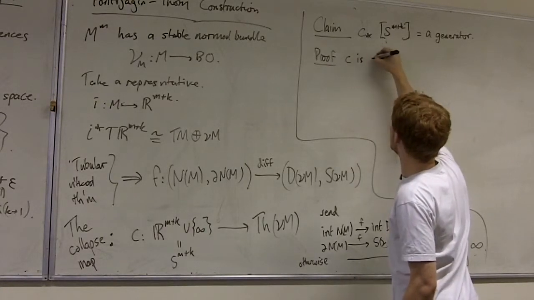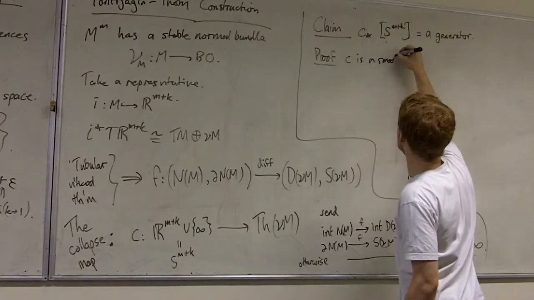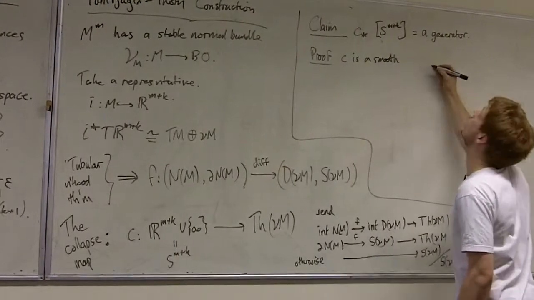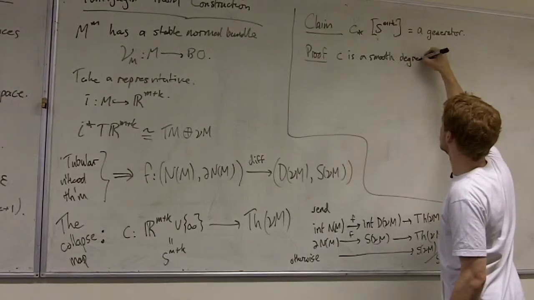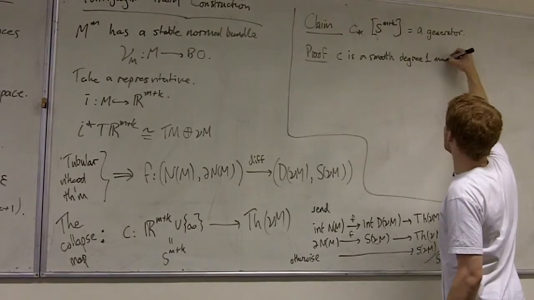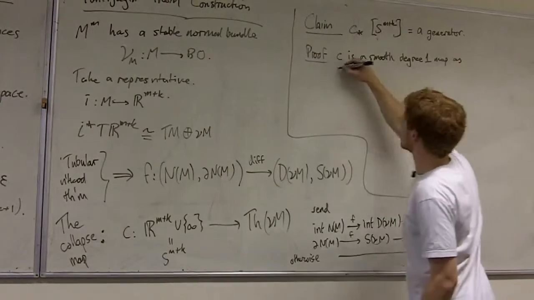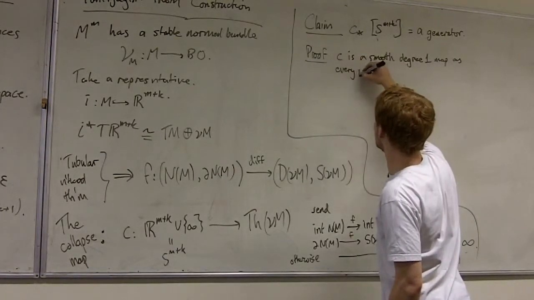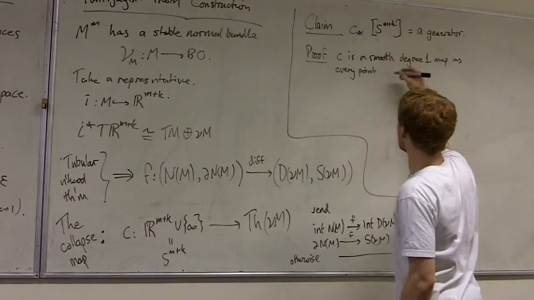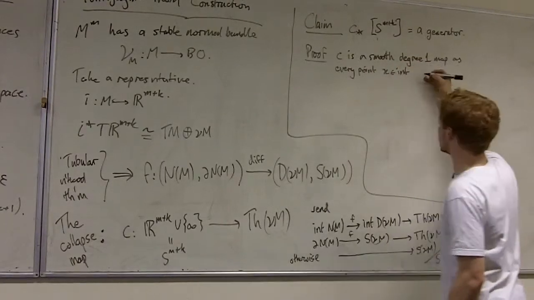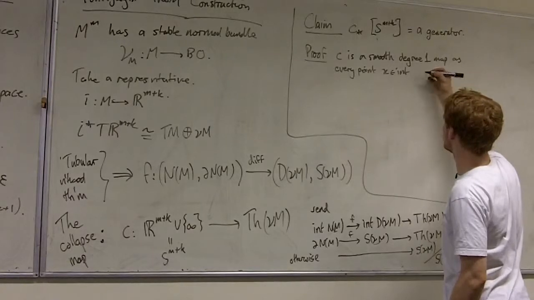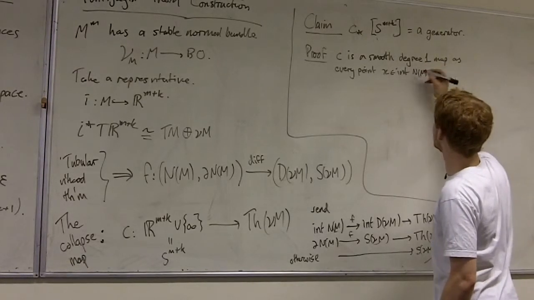C is a smooth degree 1 map, as every point on the interior of this neighborhood.